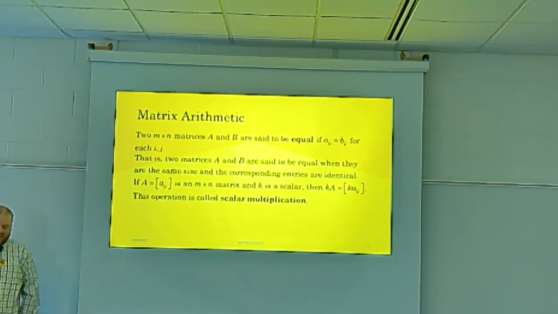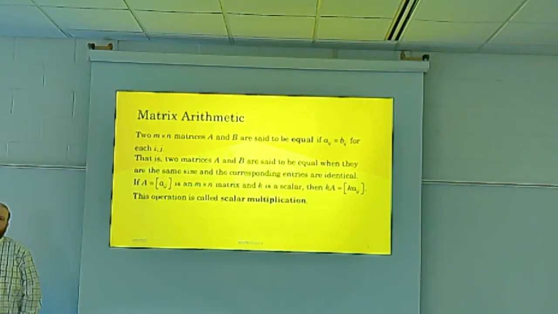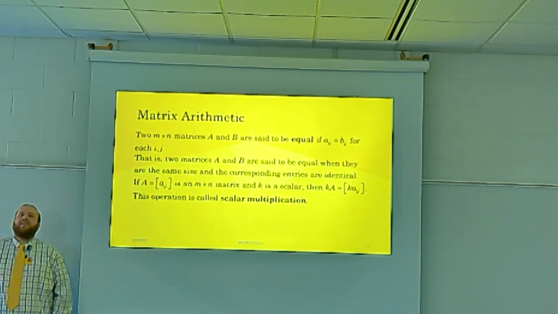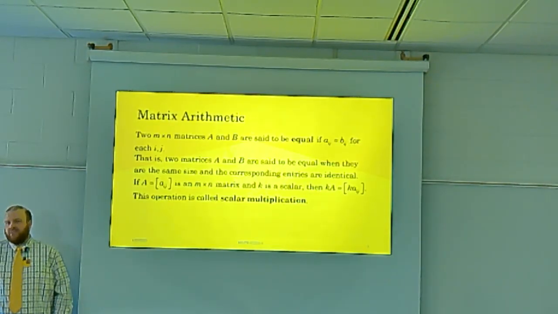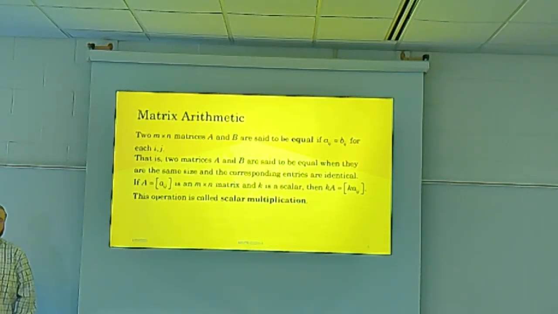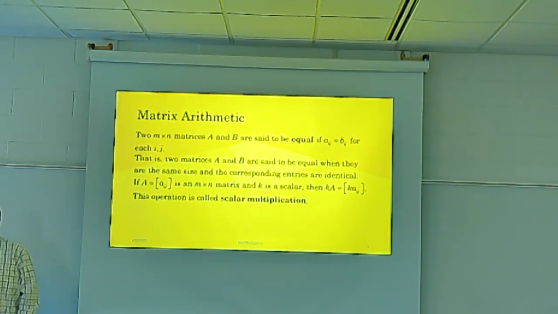Given an m by n matrix A and a scalar k, the matrix kA, k times A, is the scalar product. It's a scalar multiplication, and you just multiply each entry in the matrix by the scalar k.